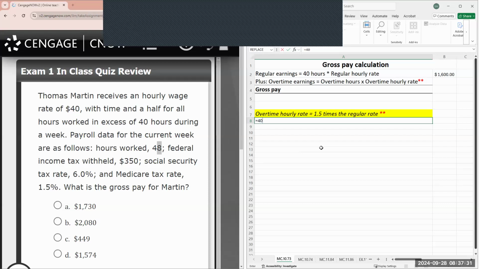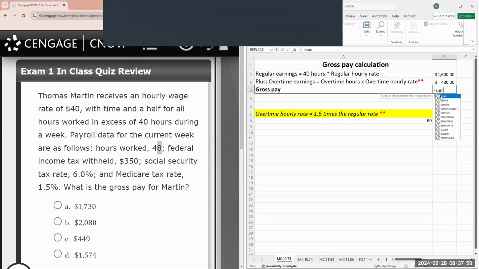So 40 times 1.5, that gives us $60 an hour, right? And again, we could also look at it this way. What's 1/2 of $40? 20. 40 plus 20 equals 60. So in order for us to determine our overtime earnings, it would be the overtime hours 8 times our overtime hourly rate as calculated below 60, 480.